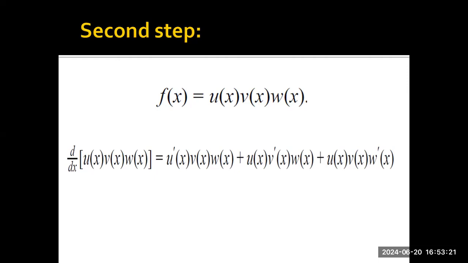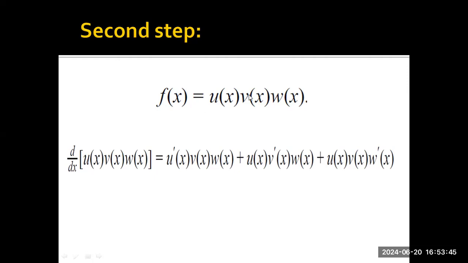Okay, so we can see that this function is the product of three factors. And according to this formula, if we differentiate a function equal to the product of three factors, this is the result.